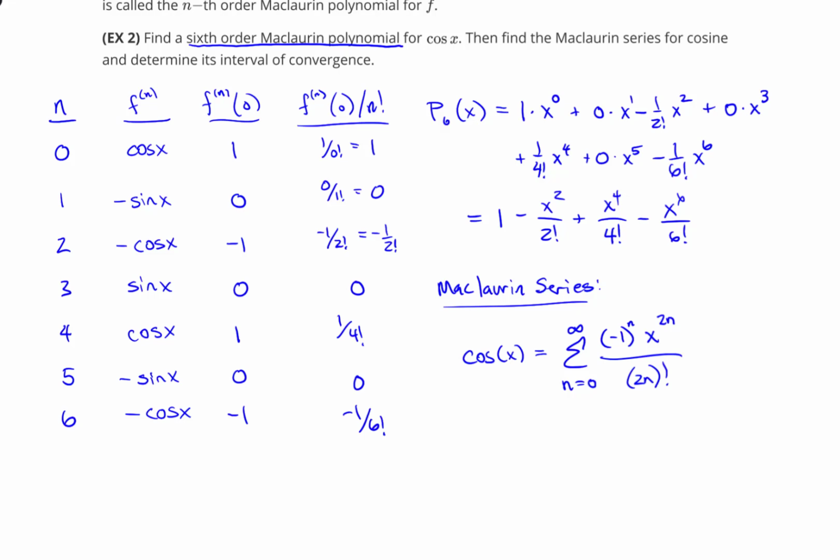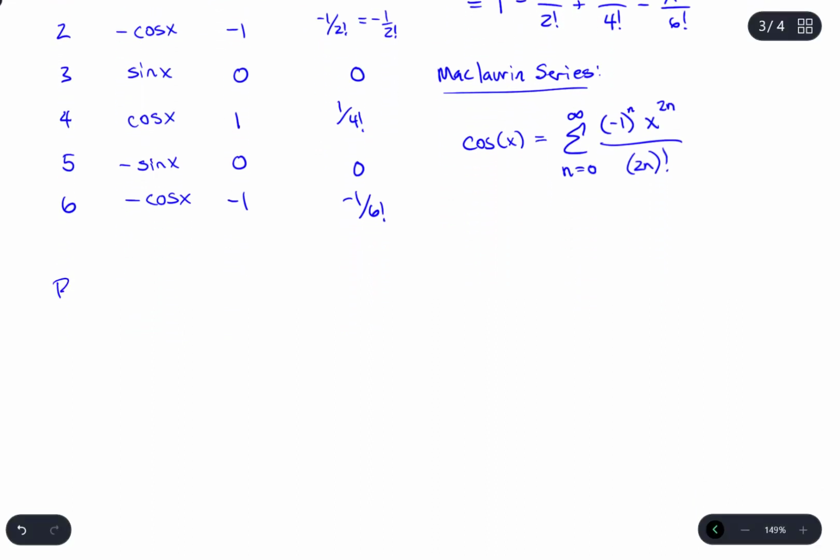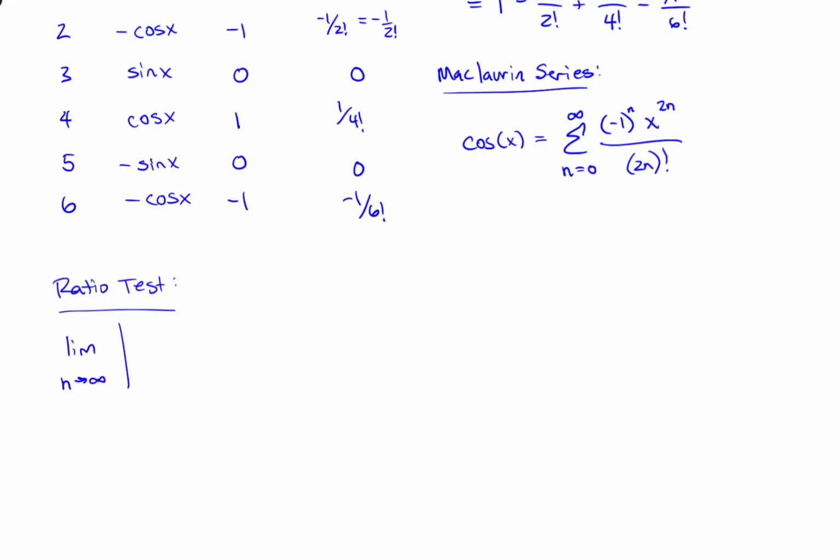But the next question is, where does it converge? So to determine its convergence, we need to use the ratio test. And the ratio test, this would be a limit as n goes to infinity. Negative 1 to the n would disappear because of the absolute value.